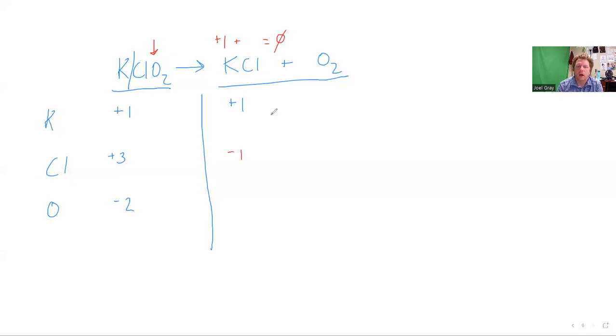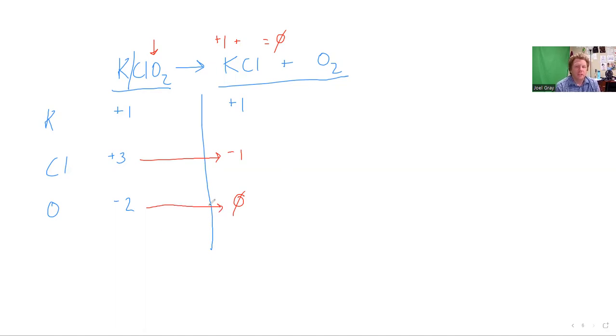So oxygen, in this case, as a diatomic element, is going to have an oxidation number of 0. So what does this mean? Chlorine went from +3 to -1, and oxygen went from -2 to 0. How does that happen?